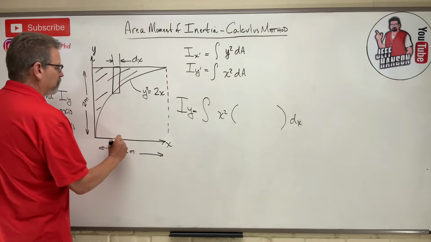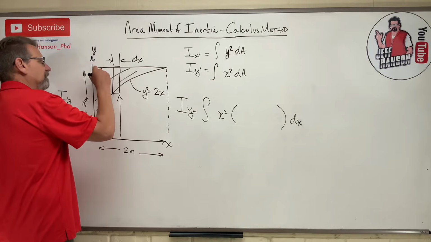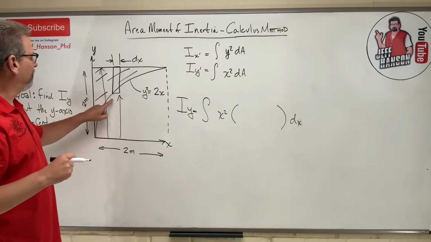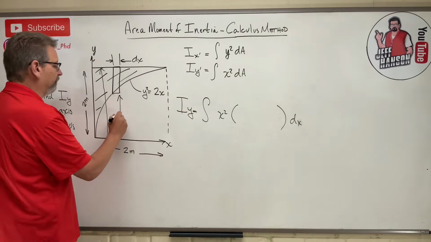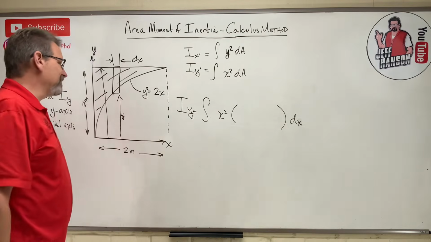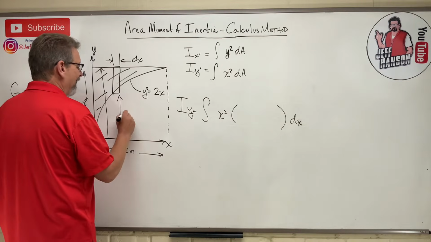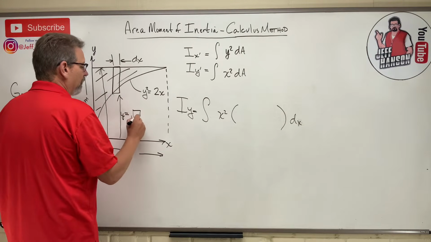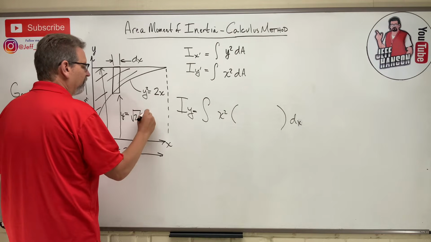I'm going to draw you two arrows. Here's one, here's two. So the height of that strip is 2 minus whatever this height here is, which is some y height. If that equation was solved for y instead of in y squared, let's do this: y is equal to root 2 times x to the 1/2.